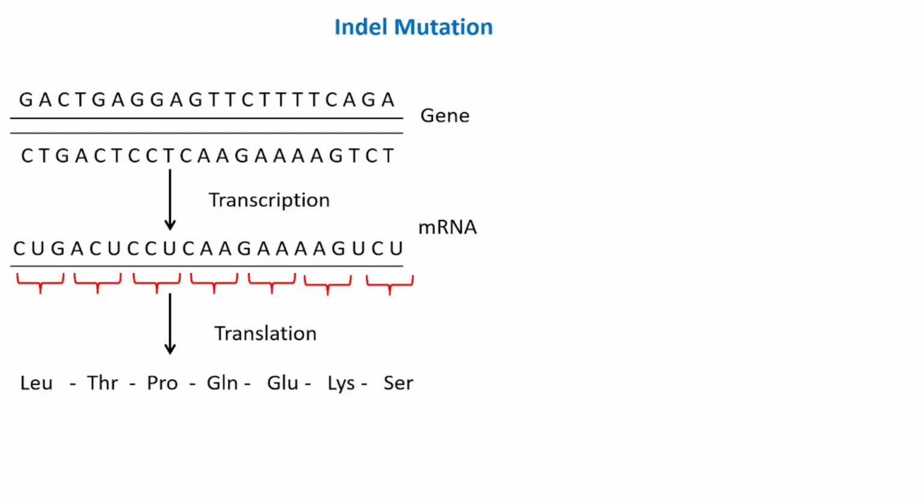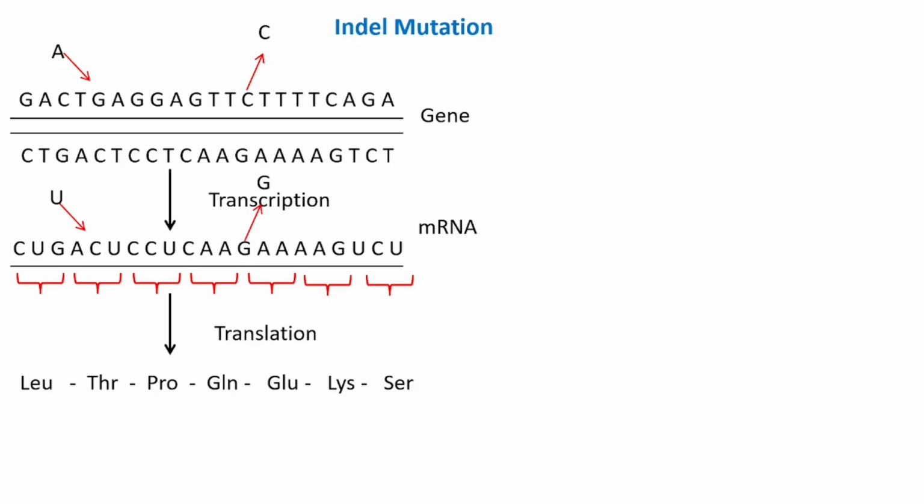Now, if there is an addition of nucleotide A in the fifth position, there would be a simultaneous addition of U in the mRNA. If there is a deletion of the 13th nucleotide C from the nucleotide sequence, then there would be a simultaneous deletion of G from the mRNA.